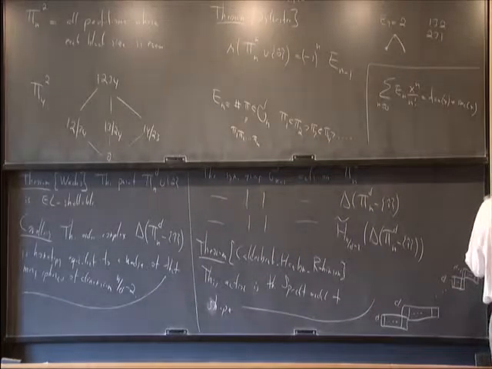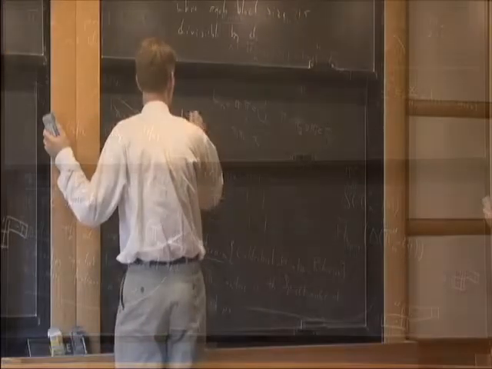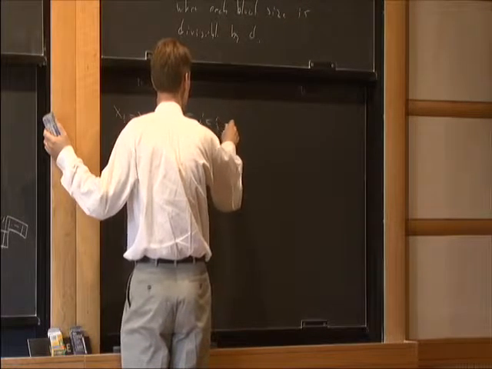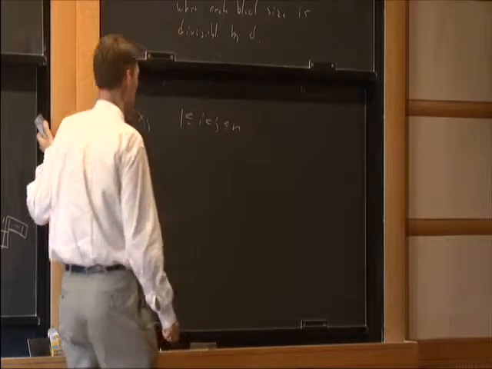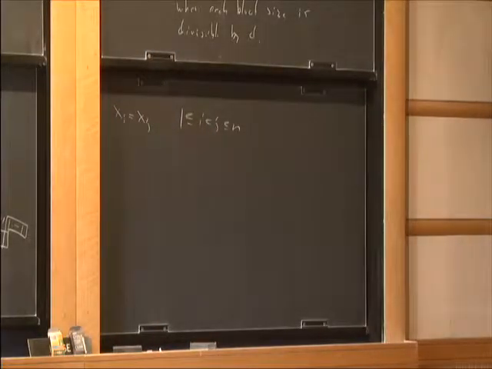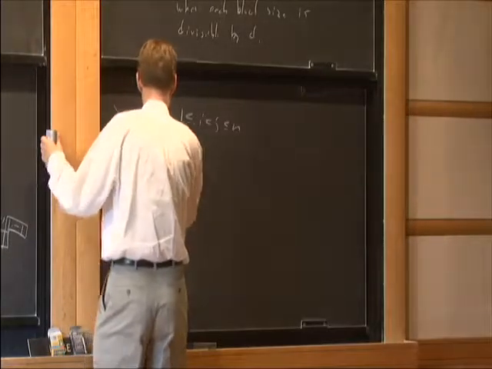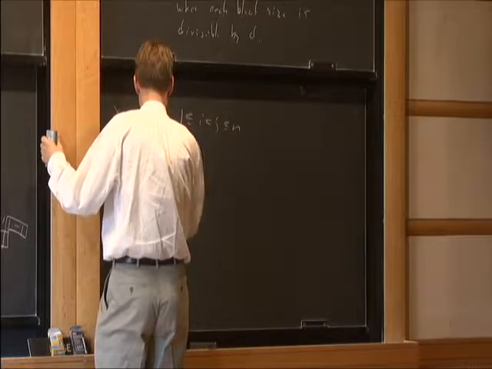So I take the hyperplane arrangement with all xi equal to xj for i less than j less than or equal to n. That takes place in n-dimensional space. This is a typical A_n arrangement. And just to quickly draw it, I'll do it in 3-dimensional space.